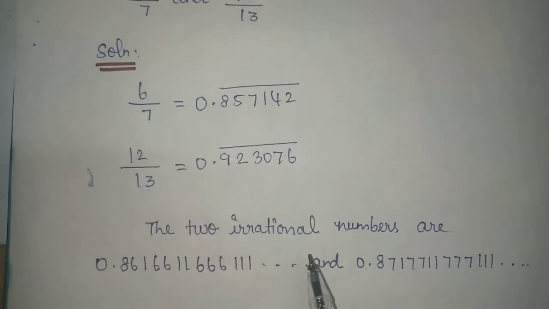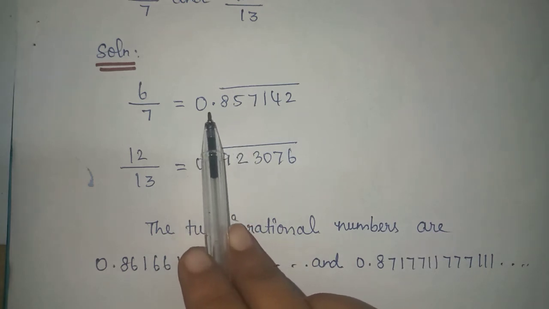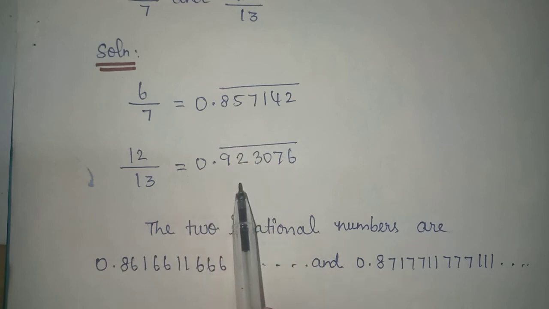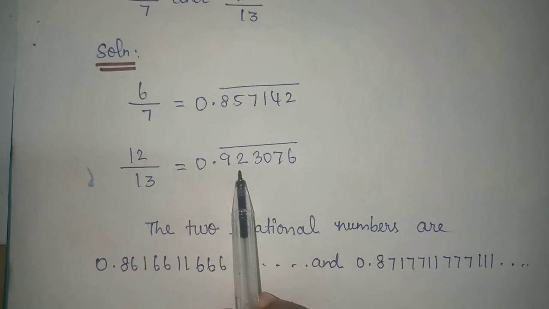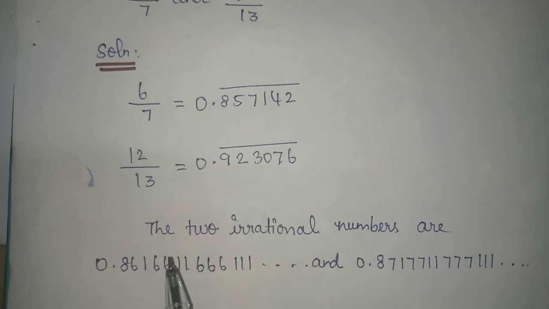Therefore, the irrational numbers lie between 0.85 and 0.92. So in between you have to find the irrational numbers.